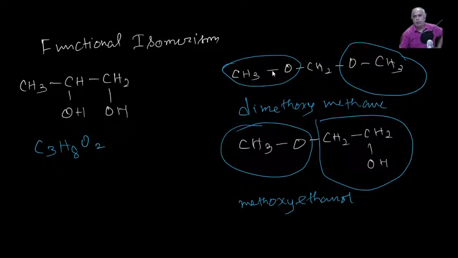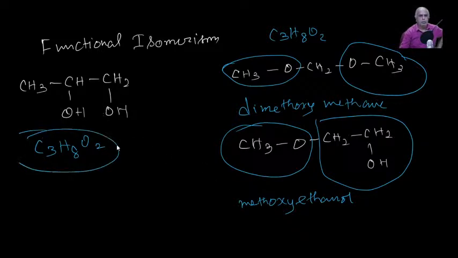So similarly this one: C3, and H 3 plus 2 is 5, plus 3 is 8, and then O2. It means the same molecular formula can be represented in three ways like this. Okay, please note down. And this is because of the difference in the nature of the functional group.